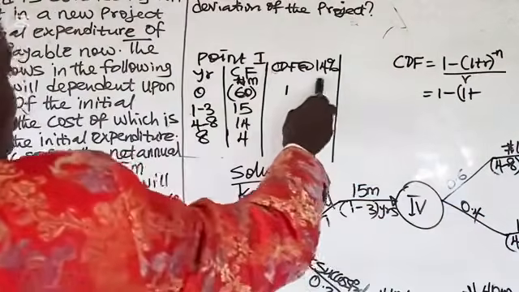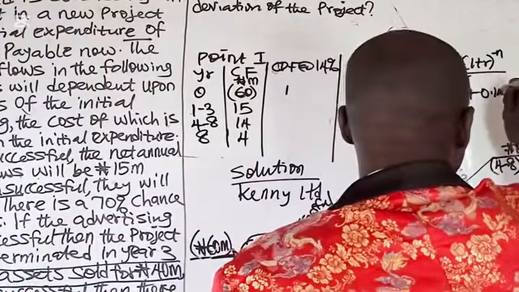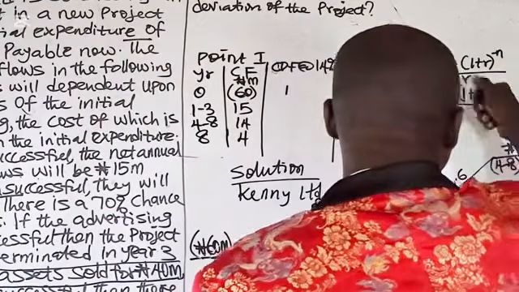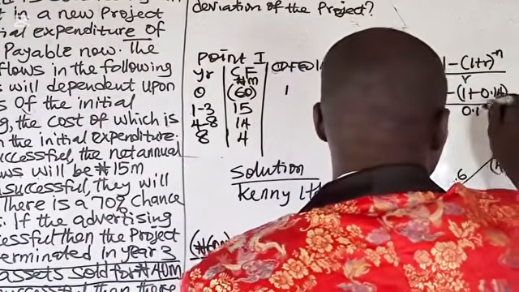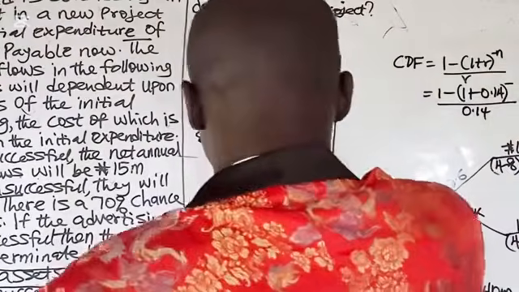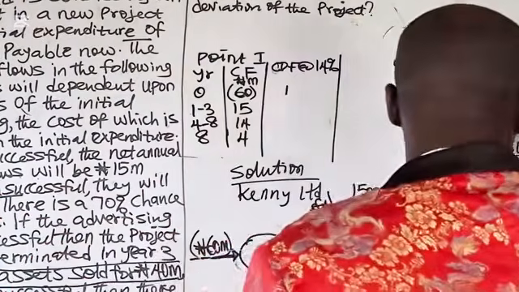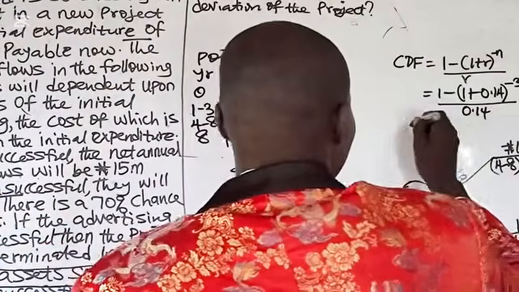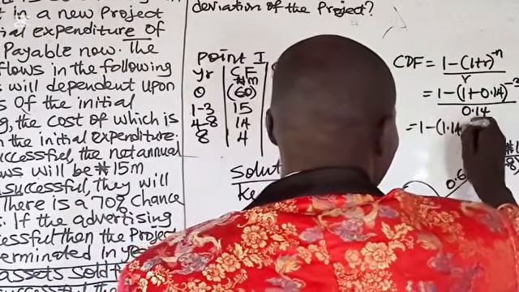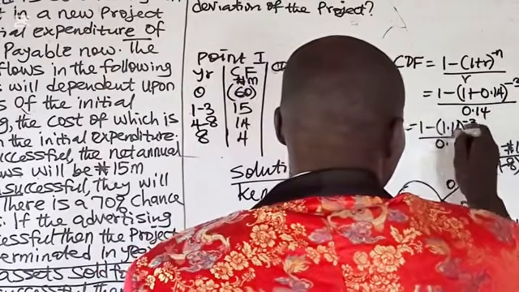R is 14%, which is 0.14. So 1 minus 1.14 raised to power minus n, over 0.14. For year 1 to 3, you take your n to be 3. So this will be 1 minus 1.14 raised to power minus 3, over 0.14.